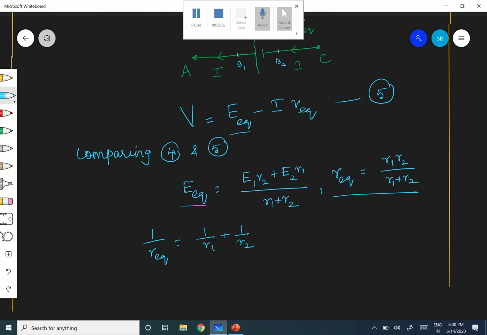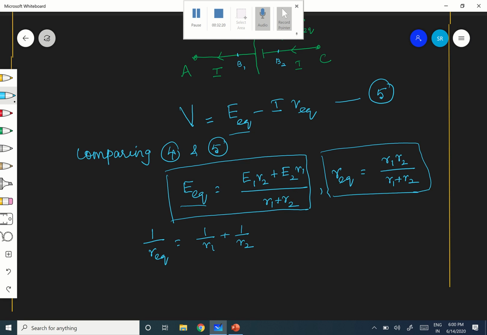So when 2 cells are connected in parallel, the equivalent EMF is this, and the equivalent internal resistance is this.